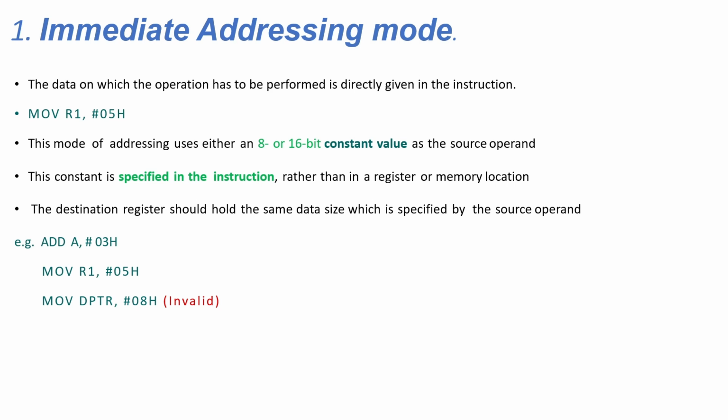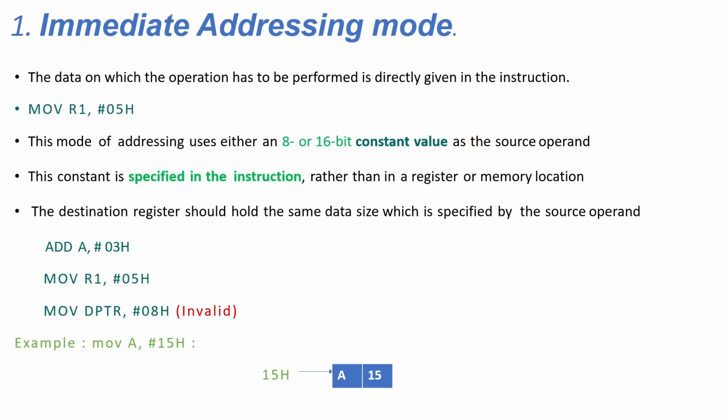That's why it is an invalid instruction. Let's see the operation of immediate addressing mode by this example. MOV A, #15H. Here #15H is the immediate data which is directly transferred into the accumulator. After executing this instruction, the content of the accumulator is 15H.